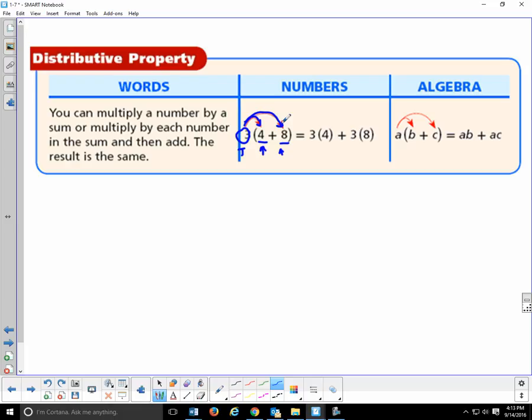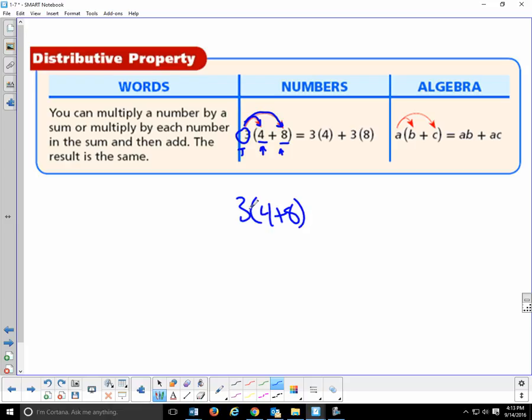Now, if you have something like, and you don't have to write this down, I'll even write at the top here, 27 parentheses 16. That says 27 times 16. Those parentheses represent multiplication. We're going to look at it the exact same way right now. So we've got this example here, 3 parentheses 4 plus 8.